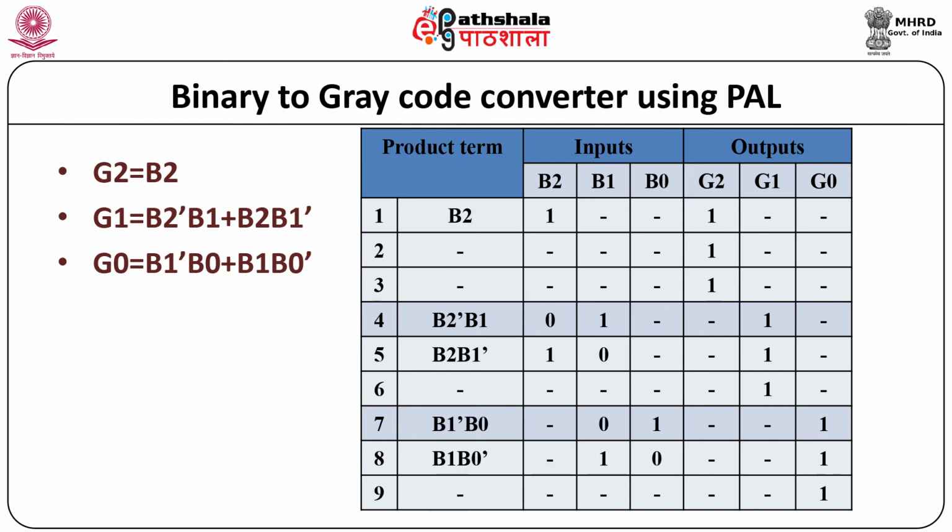For seventh term B1 bar B0, input B2 is dash as it is absent, B1 is 0 and B0 is 1. For eighth term B1 B0 bar, input B2 is dash as it is absent, B1 is 1 and B0 is 0. Ninth term is absent, hence dash is written for product term as well as inputs.